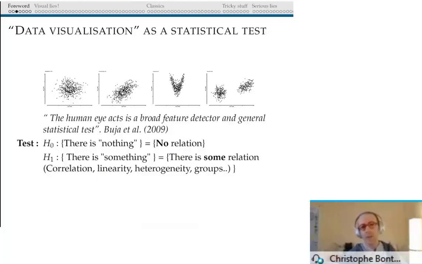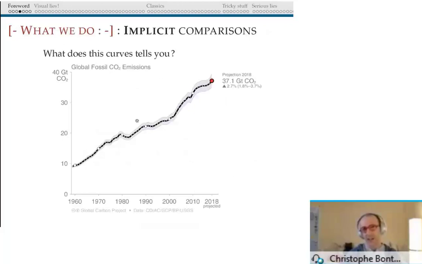In fact, what we do when we look at a graphic, and this slide is trying to emphasize that, is we do some comparison. A statistical test is making a comparison between one hypothesis versus another. It was written in a very broad sense in the previous slide. But we do some implicit comparison.